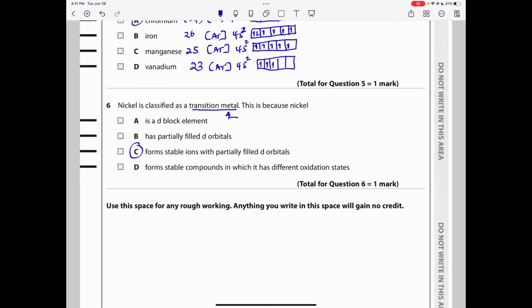If that is not possible, it means that specific metal ion does not have partially filled d orbitals. So the key thing is to know the ion should be stable. That is very important. And then that stable ion should have partially filled d orbitals. So the answer here should be a C.